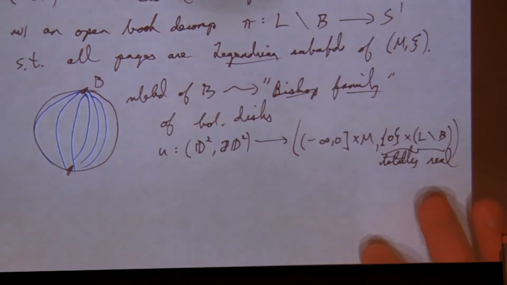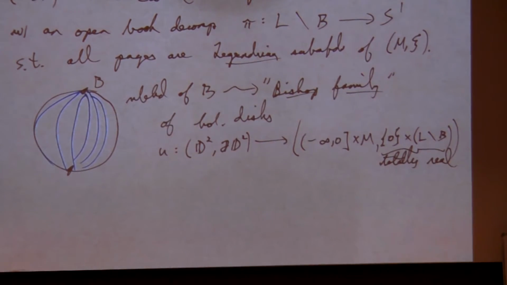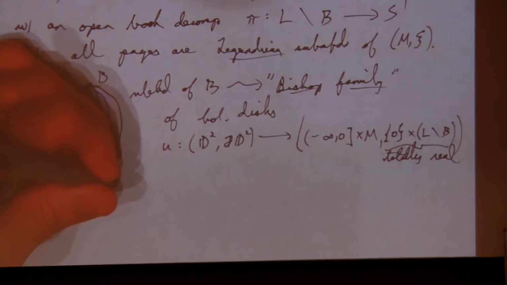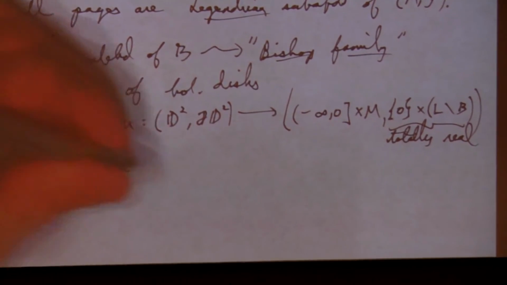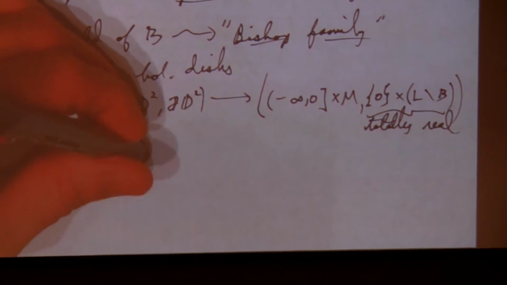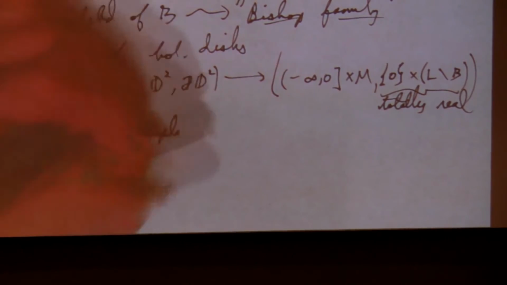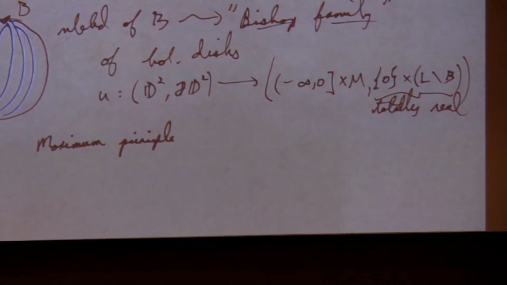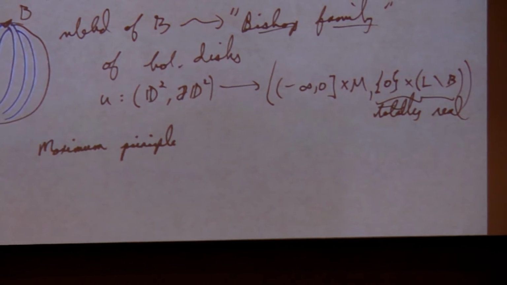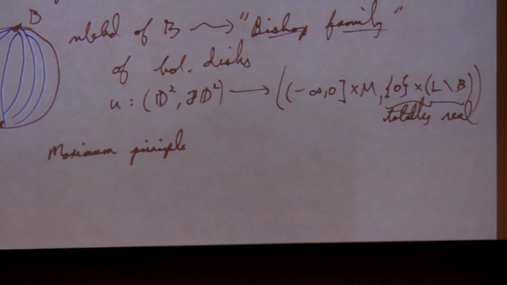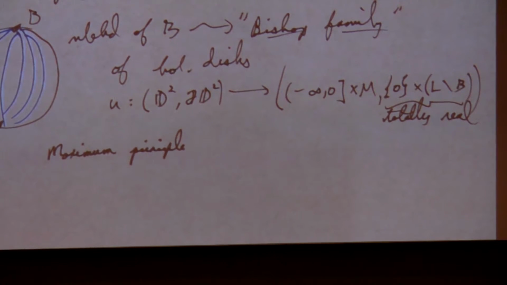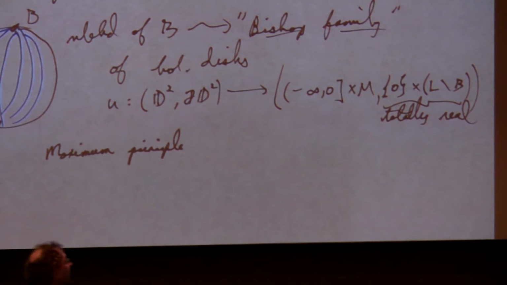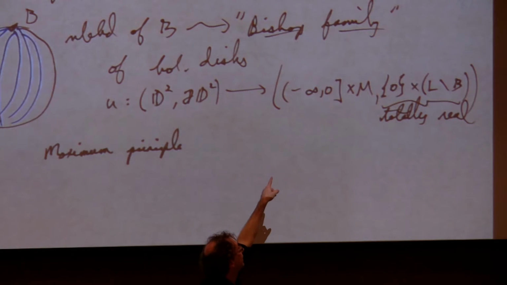And a particularly nice property you have with these Bishop disks comes from the maximum principle for subharmonic functions. Now, the way this works in dimension 3 is if you think about a holomorphic disk mapping into the symplectization and just look at the part of it that's mapping into the half line, the reals. Okay?